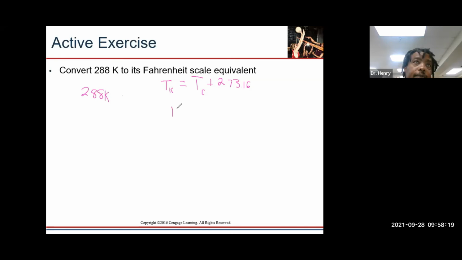So I get TC equals TK minus 273.15. So 288 minus 273.15.